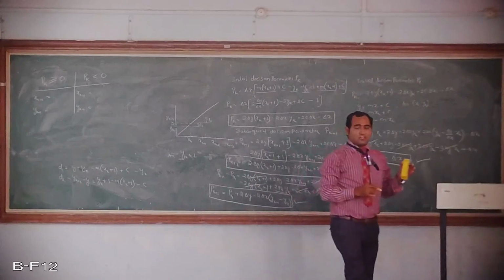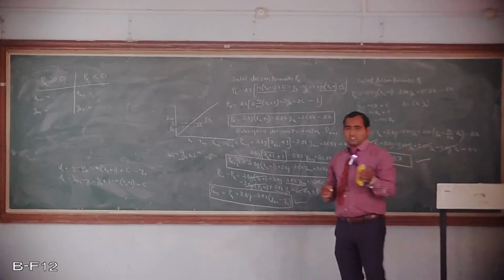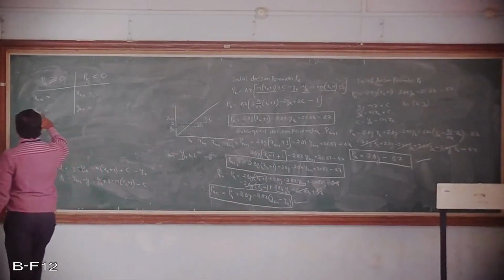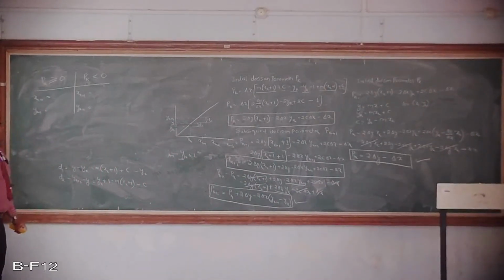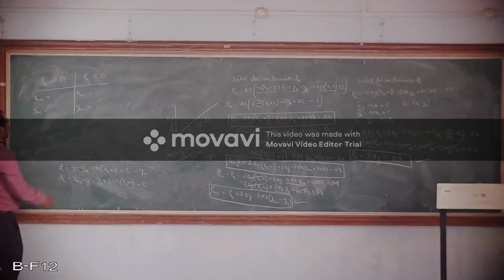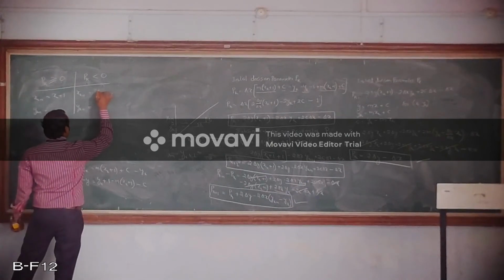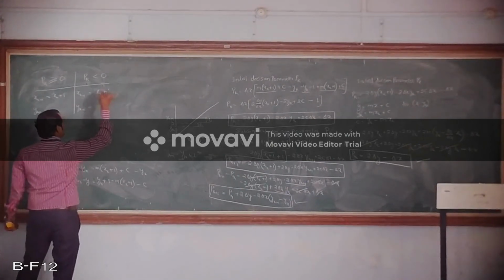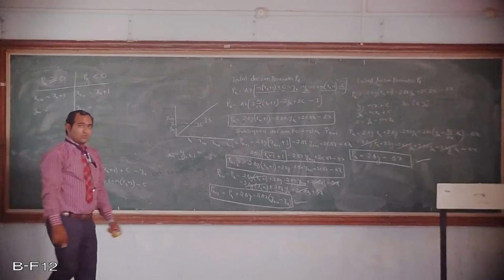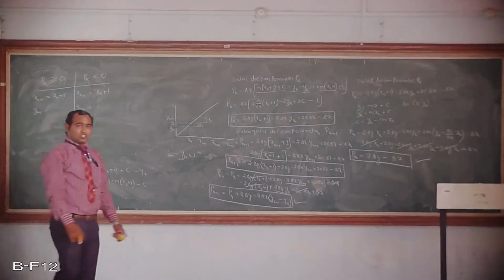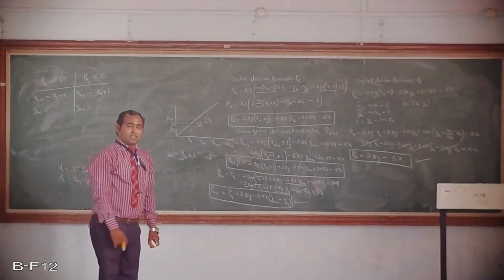Okay, so I am deriving this entire Bresenham's line drawing algorithm for slope less than 1. When slope is less than 1, x coordinate will move in unit intervals. That means that xk plus 1 will be xk plus 1 here also and here also. Okay, let the decision parameter be positive, or it can be 0, or it can be negative.